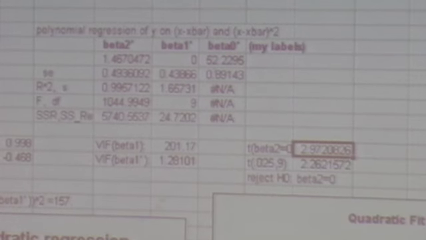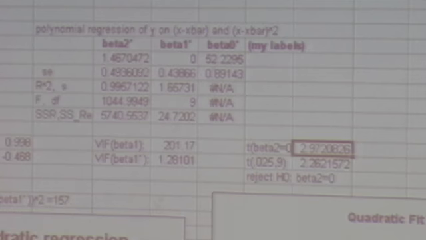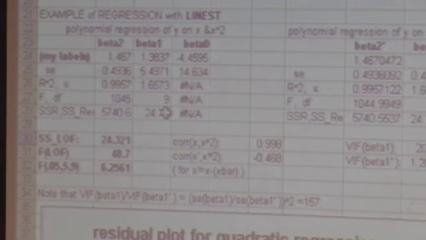What about the lack of fit then? I took this SSPE, had my SS res is 24.72. This 24.72 is the residual sum of squares. Most of that is due to the lack of fit, apparently, according to my pure error estimate of sigma squared.